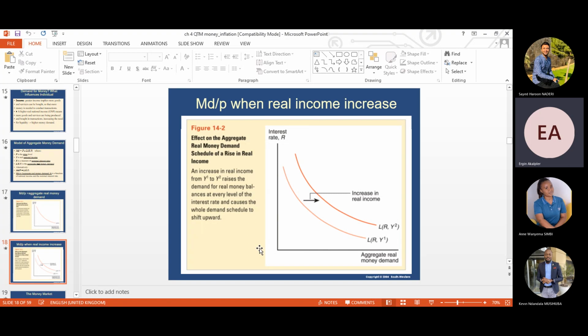Y here is the disposable income. An increase in the real income from Y1 to Y2 raises the demand for real money balances at every level of the interest rate and causes the whole demand schedule to shift upward. You are following me?